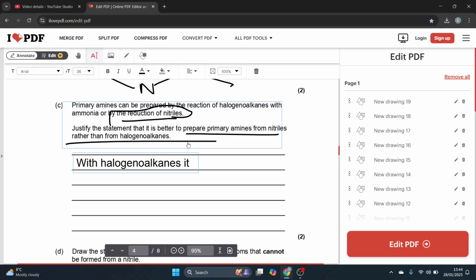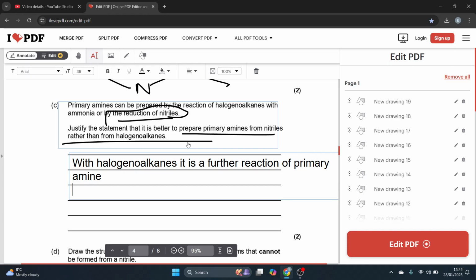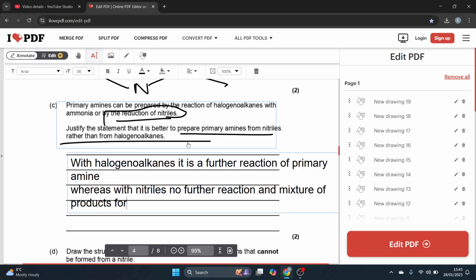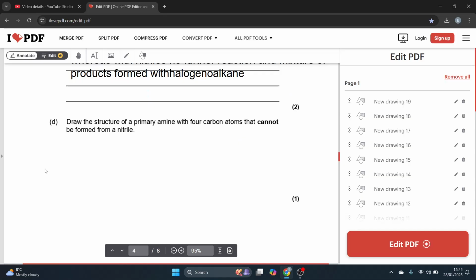With halogenoalkanes, there is a further reaction, whereas with nitriles, no further reaction, and an impure product and a mixture of products are formed with halogenoalkanes. You can say that.